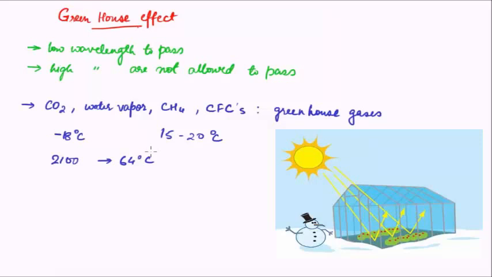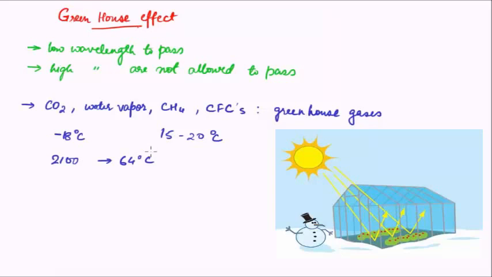So there is a need to put a check to how much greenhouse gases is being emitted, and that is to be taken into account to make policies and bring about changes in our day-to-day activities to control this phenomena or heating up of the whole planet.